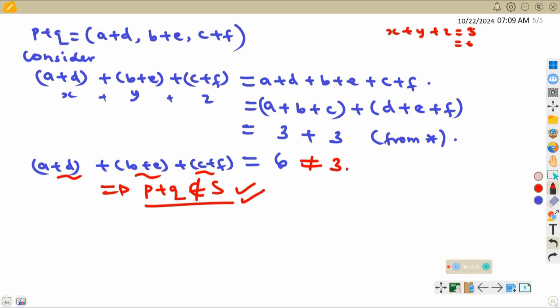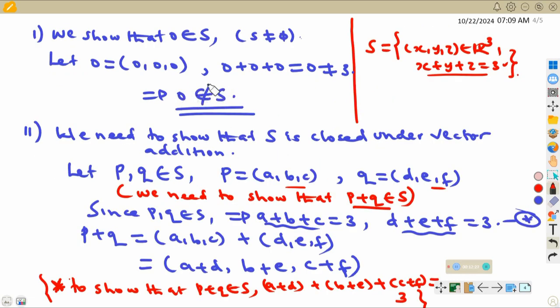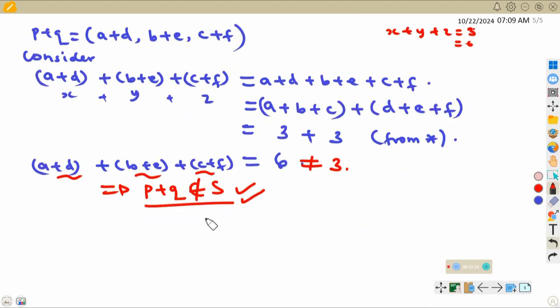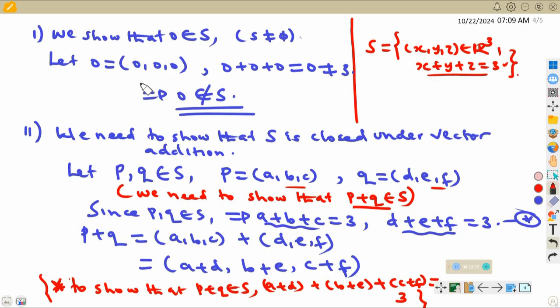So far we have seen that the zero vector does not belong to S, and P plus Q does not belong to S. So clearly we should have a clear picture that this set S is not a subspace of R3, because we want to show that S is a subspace of R3. So far, no condition is satisfied.